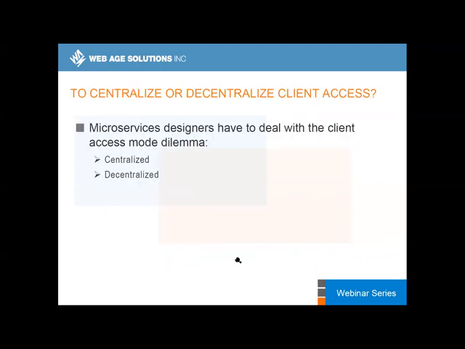So now, one of our agenda points was how to access your services. You have to strike a balance between how much you would like to centralize so that you are in control of the data flow, and whether you would like to go decentralized, sort of like peer-to-peer type of communication.